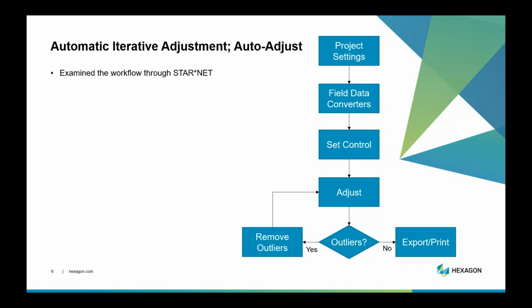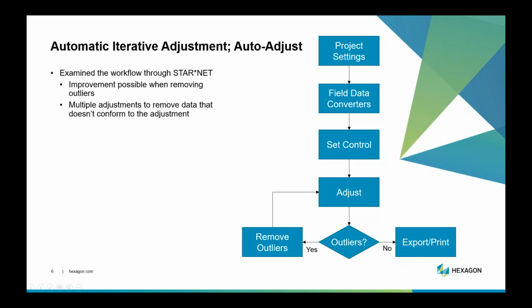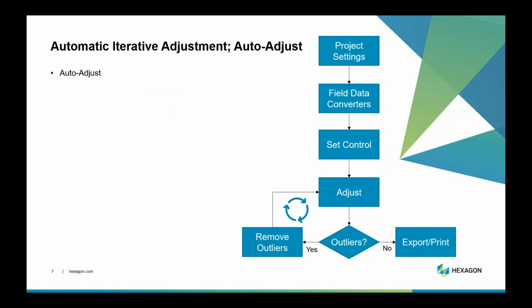And I believe some of our tutorials actually cover this scenario. So there is definitely improvement possible there, and it requires multiple adjustments to remove that data that doesn't conform. So what auto adjust does is it basically iterates through that process right there.